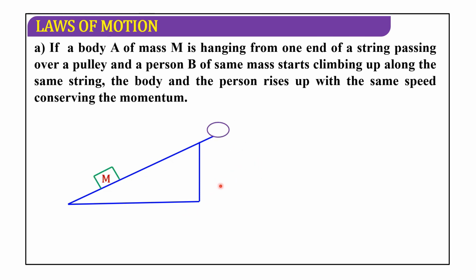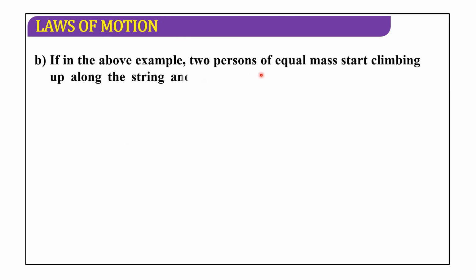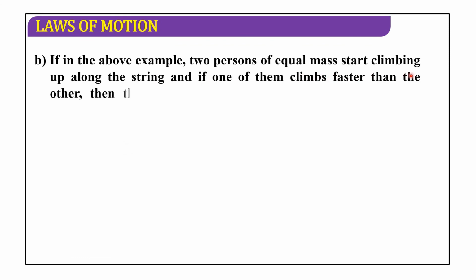Body A of mass m is hanging from one end of a string passing over a pulley, and person B of the same mass starts climbing up along the same string.